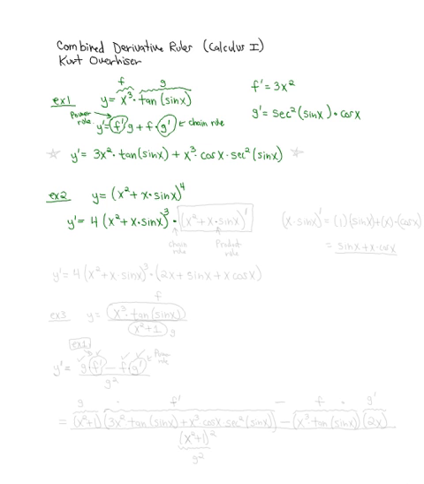So here we're going to put a big prime symbol right there, because we're going to have to take the derivative of x squared plus x times the sine of x. This multiplication is because of the chain rule.